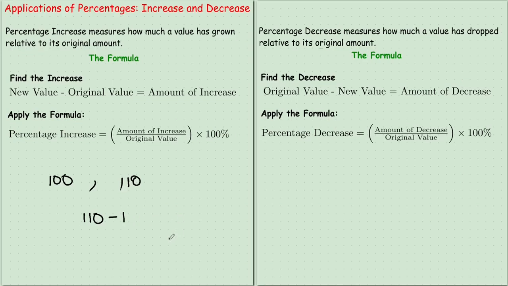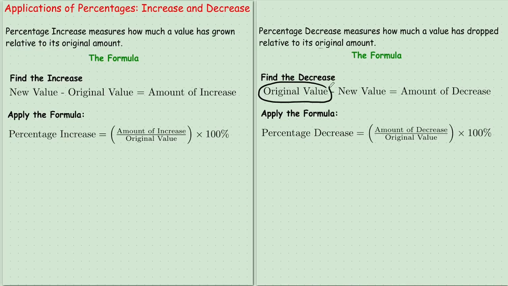On the other hand, if you want the decrease, as we have said, there has actually been a drop. So in that case, the original value would be greater than the new value. For instance, you initially bought an item worth 100 cedis.